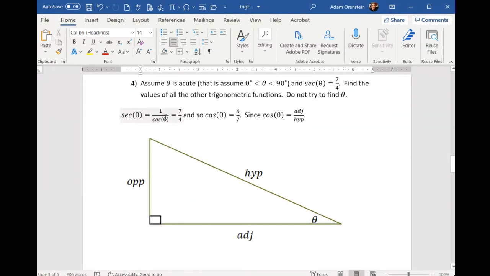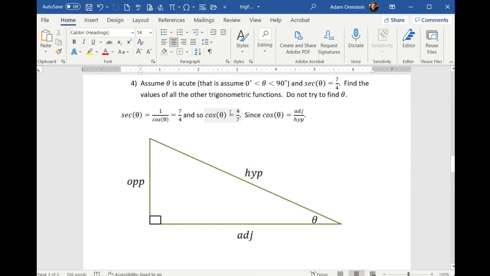If you have 1 over cosine equal to 7/4, you could cross multiply, but really, if you invert both sides, you get cosine of theta is 4/7. So really what we have is cosine of theta, which is 4/7.